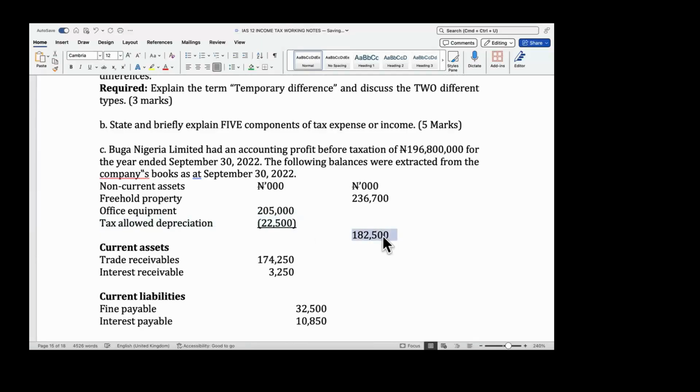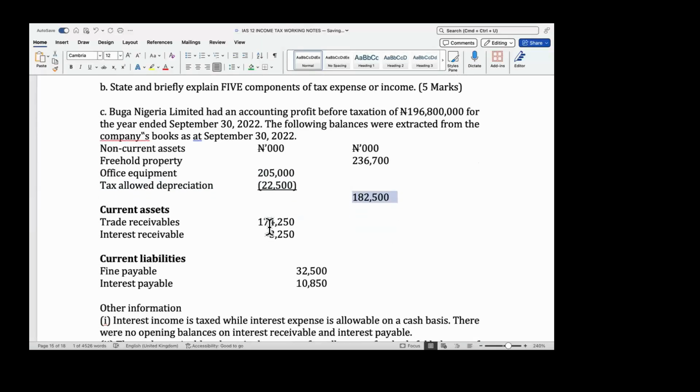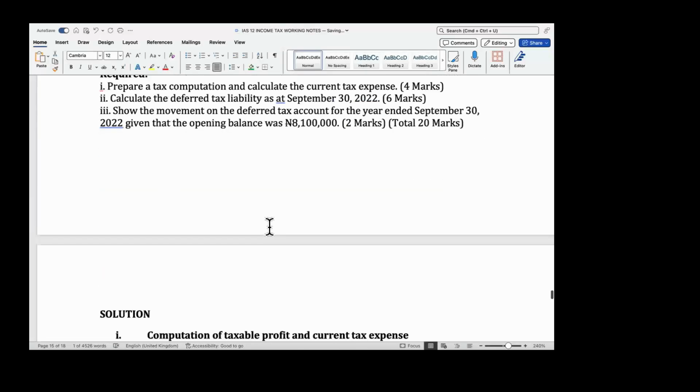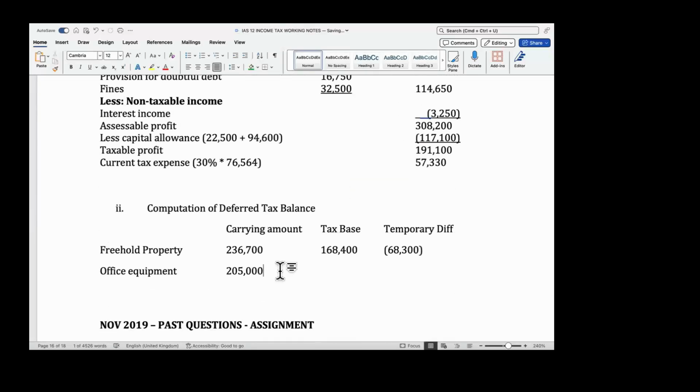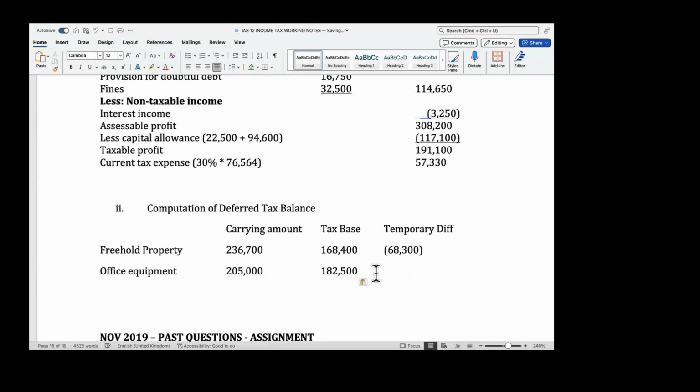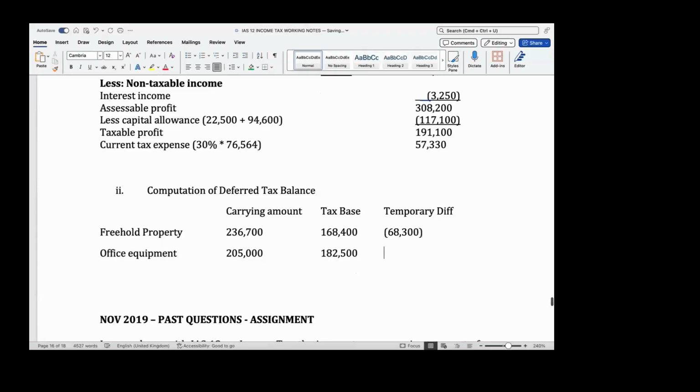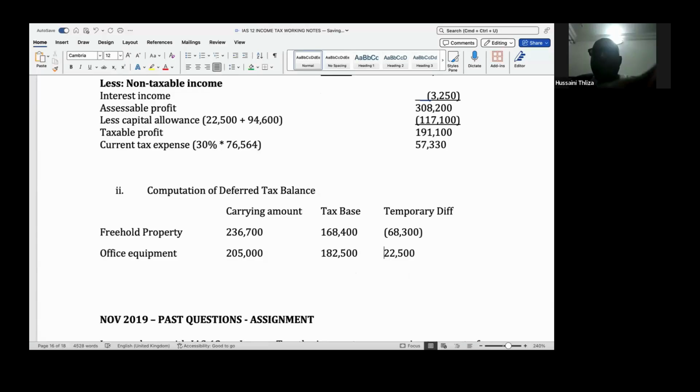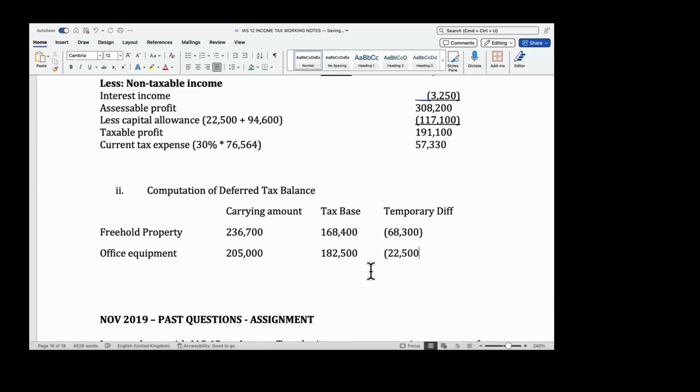After deducting that, I get my tax base after deducting capital allowance. So what's the difference between these two? 22,500. Is this taxable or deductible? Taxable.